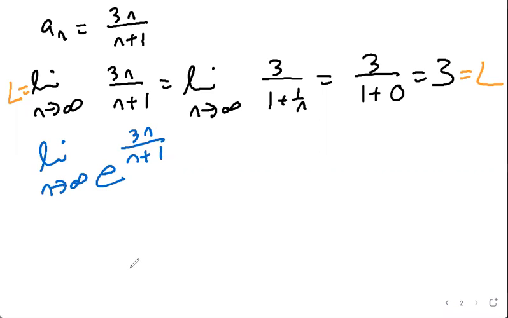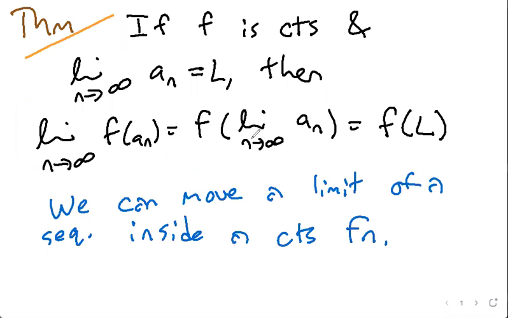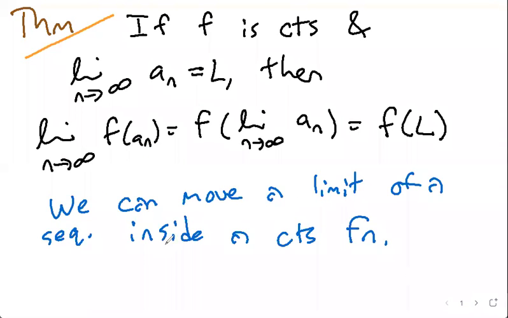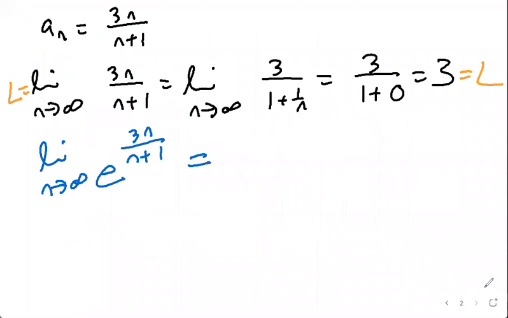So this might look like a tricky thing to compute, e to the weird looking thing here, but we can move limits inside and out of continuous functions. So yes, we can move a limit of a sequence inside the continuous function e to the x.